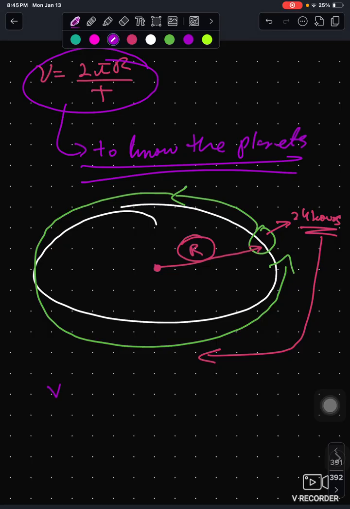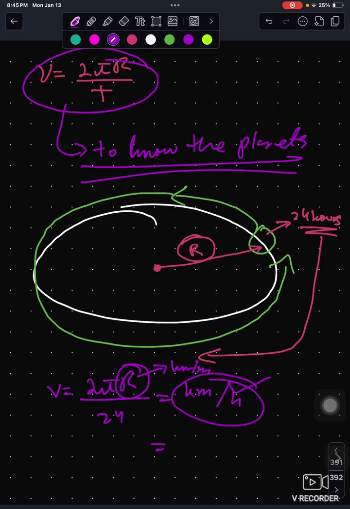So our velocity will be 2 pi r over 24. This will give us kilometers or meters depending on the value of r. We have kilometers per hour, but mostly the unit used is meters per second.